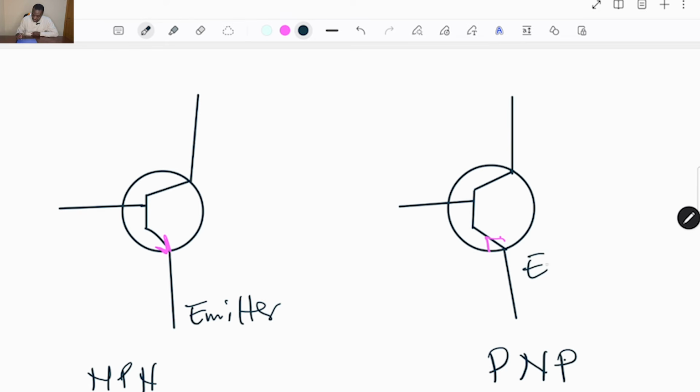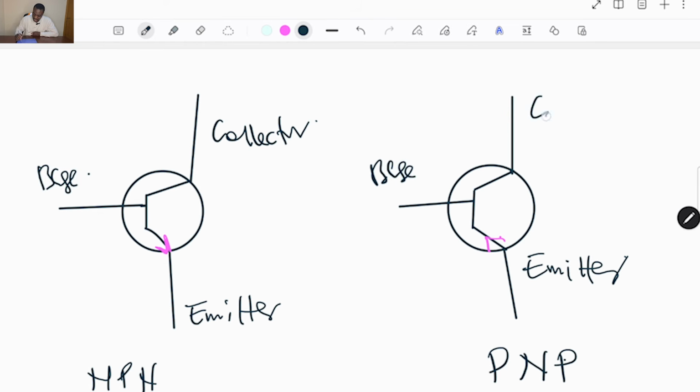Here too will be the emitter. And then here I have the collector, and here is the base.